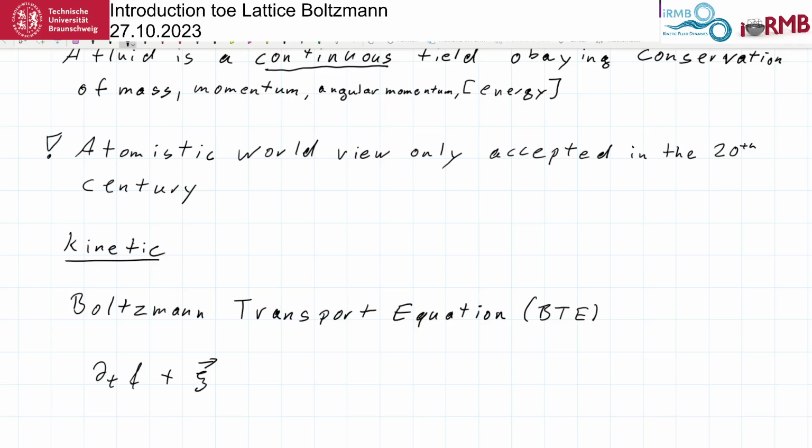The advection operator is similar but different from the operator in the Navier-Stokes equation. Instead of having the velocity u here, we have another thing, the velocity c. Sorry for the Greek letters that are used here. Boltzmann used a lot of Greek letters. So this is a microscopic velocity c, and this is transporting this probability density function.